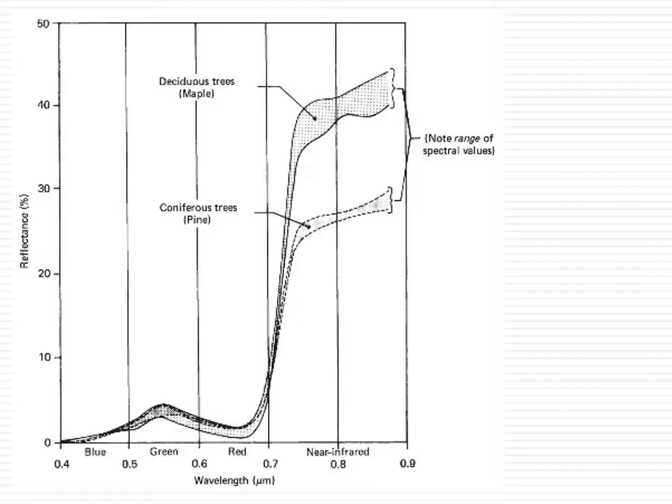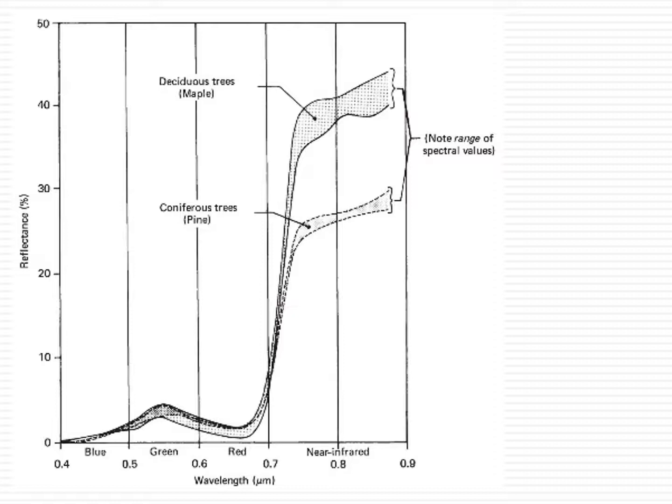But an interesting thing happens as we move past the red and into the near infrared. It turns out the composition of the leaves of a maple tree versus the composition of the needles of a pine tree are sufficiently different that the percent reflectance, the amount of the total energy that gets bounced off, is very different.